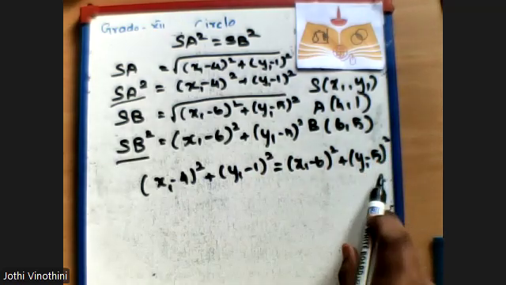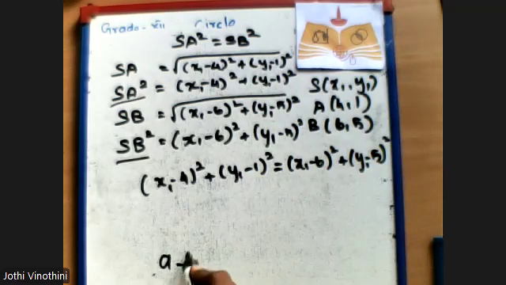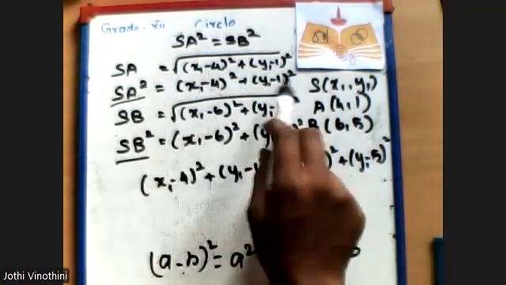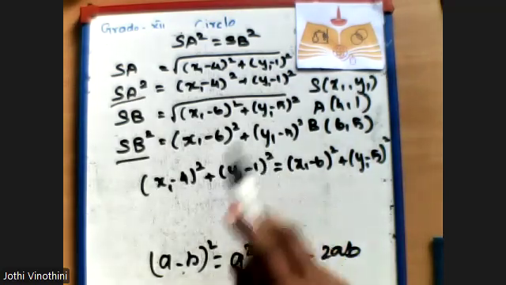Here all these terms are in the format of a minus b the whole squared, which equals a squared plus b squared minus 2ab. I hope you all got this. So we are moving to the next step.